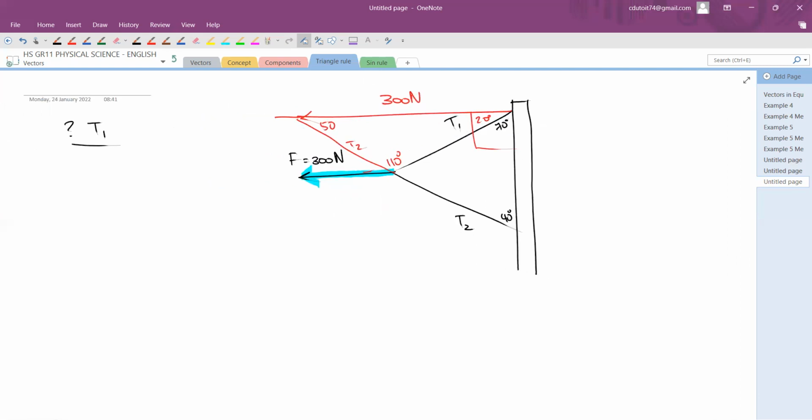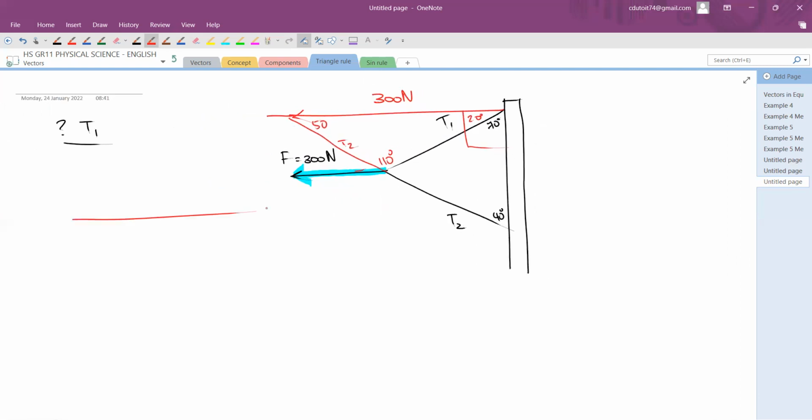So if I want my triangle, this force is pulling that direction. This rope is pulling in this direction, T2, and that rope is pulling in that direction. This is 300 newtons. This is 50 degrees. This is 20 degrees. And this is 110 degrees. This is tension in rope 1, and this is tension in rope 2.